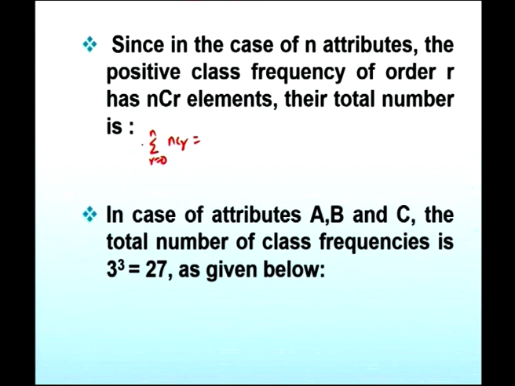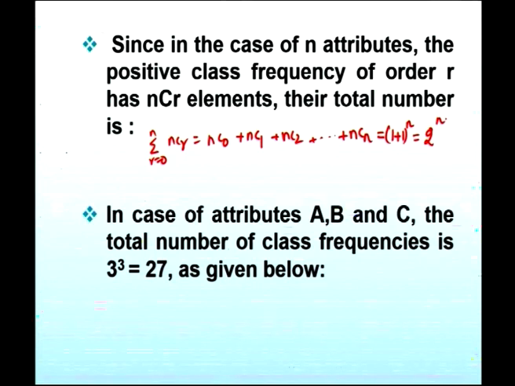We are talking about only positive class frequency. Positive class frequency means only 1 power r, nCr into 1 power r. So, this being expanded is nC0 plus nC1 plus nC2 plus etc. plus nCn, and this expansion is again a binomial series expansion, where you have 1 plus 1 whole power n, which is equal to 2 power n.